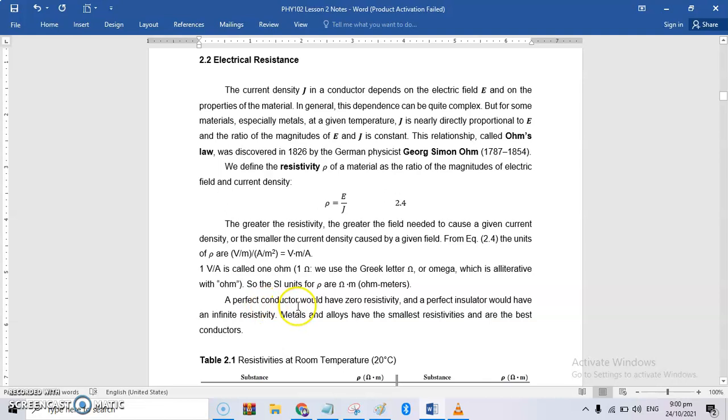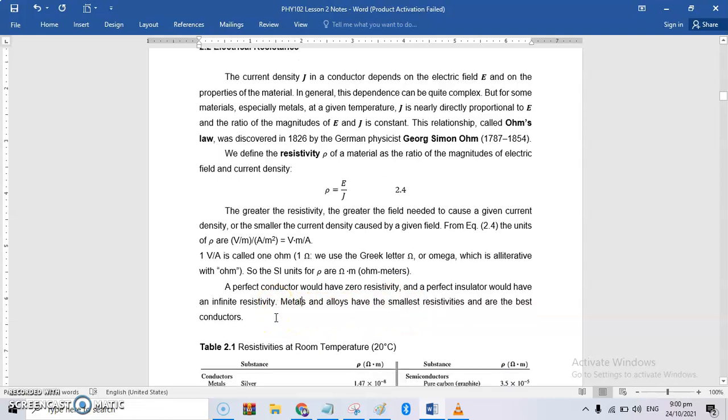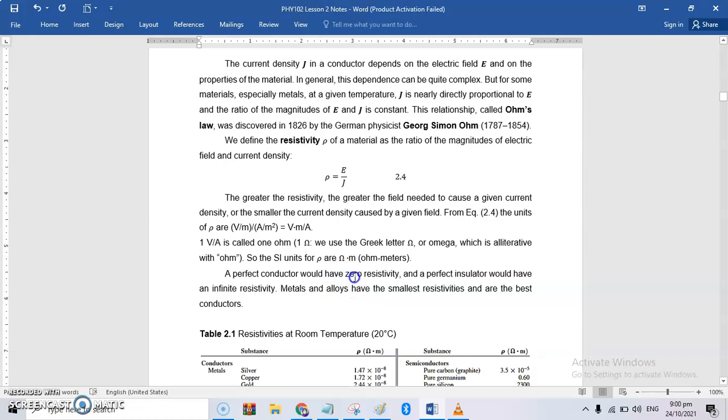A perfect conductor would have zero resistivity, and a perfect insulator would have an infinite resistivity. But of course, we don't have a perfect conductor na merong zero resistivity because all conductors have their own resistivity.